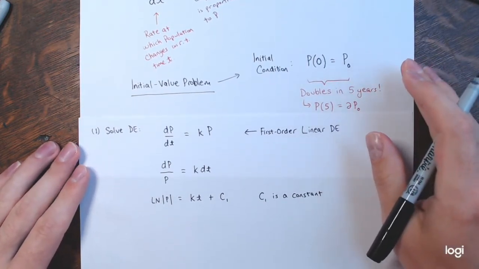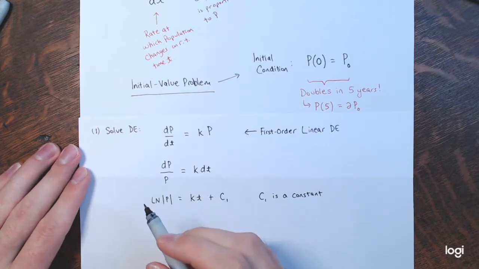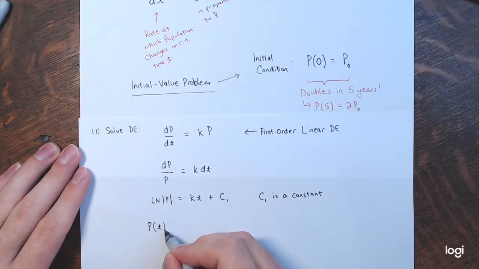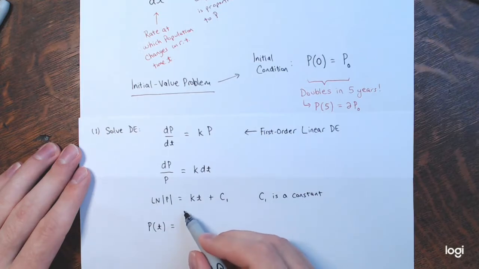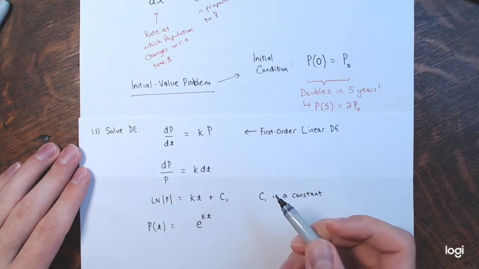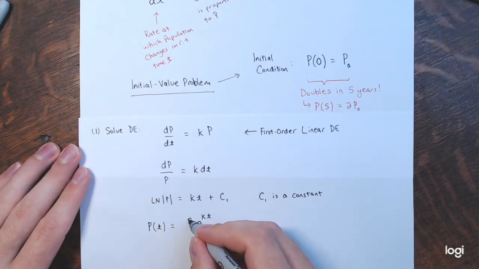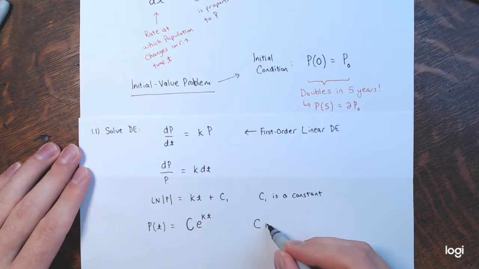And then to solve for the population function p, I just exponentiate both sides, base e, so p of t, or just p, will look like the following. E to the kt times e to the c1, but e to the c1 is just another constant, so I'm going to call that capital C. This is different than c1. C is a constant.